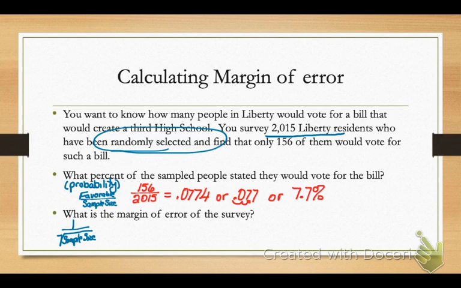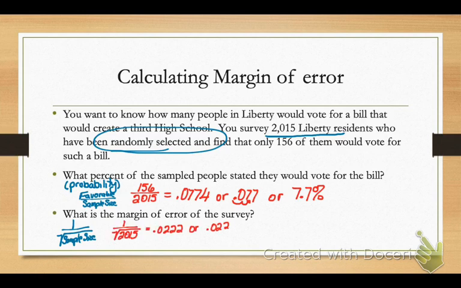Now they want me to calculate the margin of error for this survey. So remember, for large populations like this, I can do margin of error is 1 divided by the square root of the sample size. I'm going to use my calculator to figure this out.